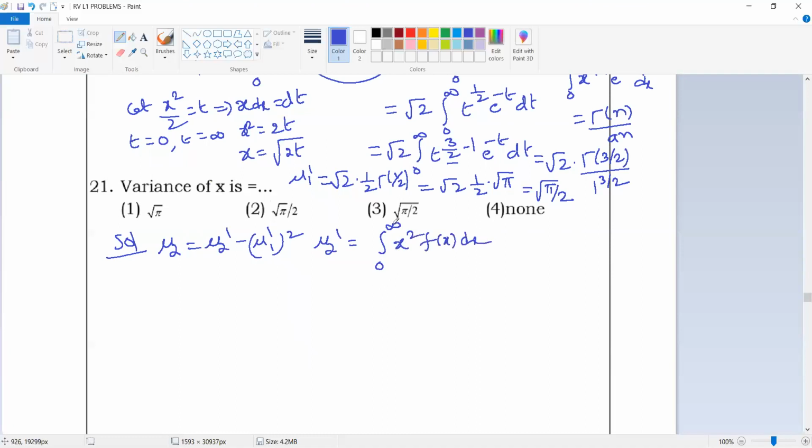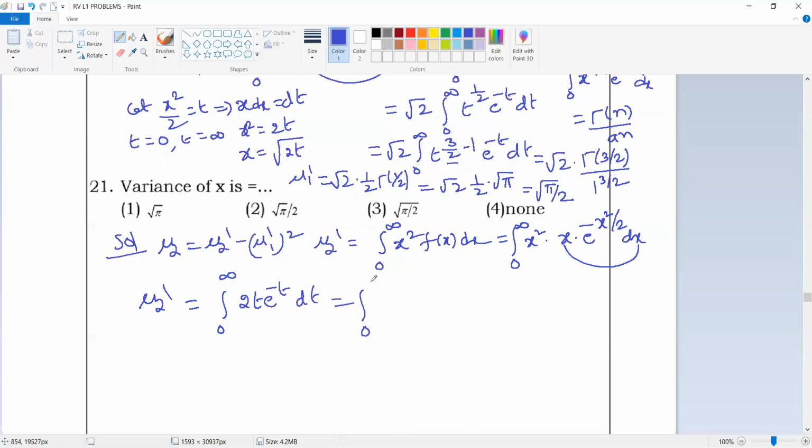The x limits are 0 to infinity, given in the problem. So the integral from 0 to infinity of k x square into e power minus x square by 2 dx. Now x square is 2t, using the previous transformation, and x dx is dt, e power minus t dt.